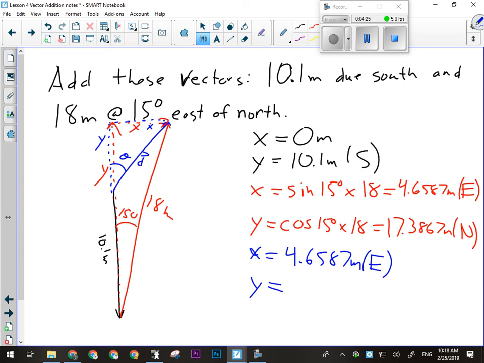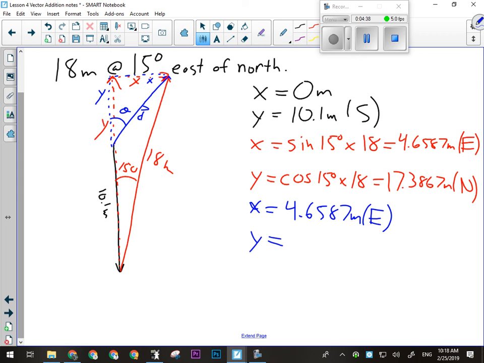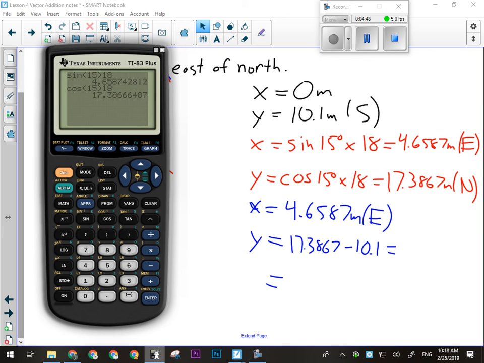So I've got to take however far north I went, which is my y component, and add it to that amount that I went south, or subtract the two, whichever makes more sense in your mind. So to get blue y, I'm going to take the 17.3867, and I'm going to subtract 10.1 meters from that, and that will give me my resultant's y. So this number right here, minus 10.1.